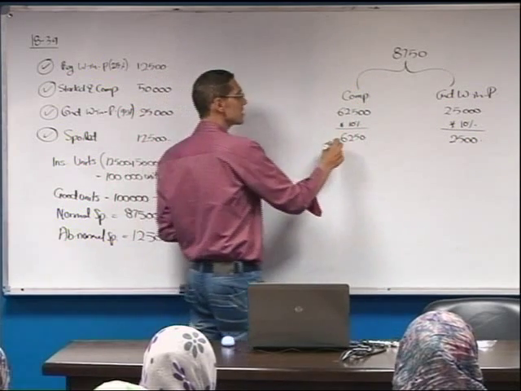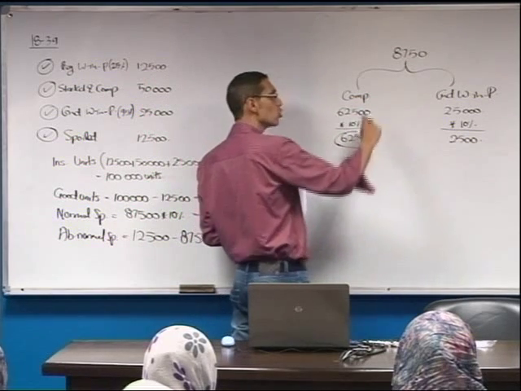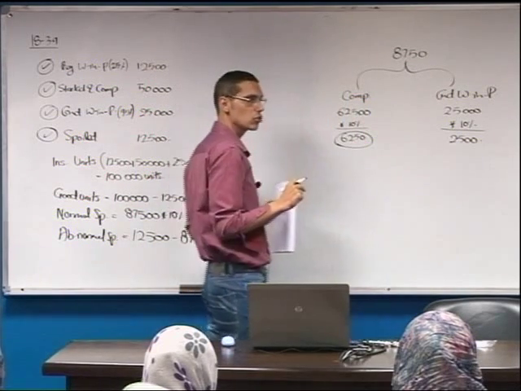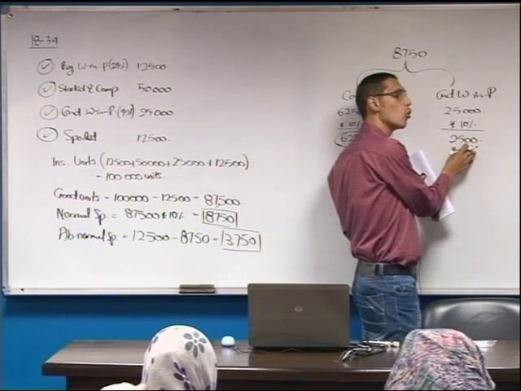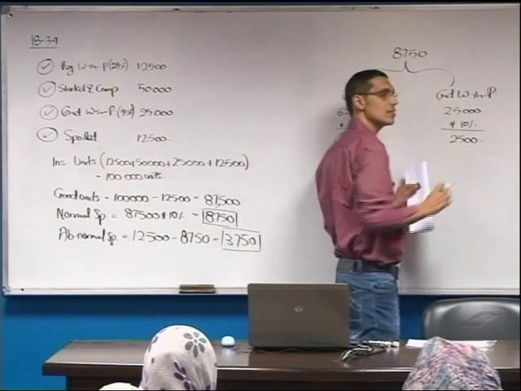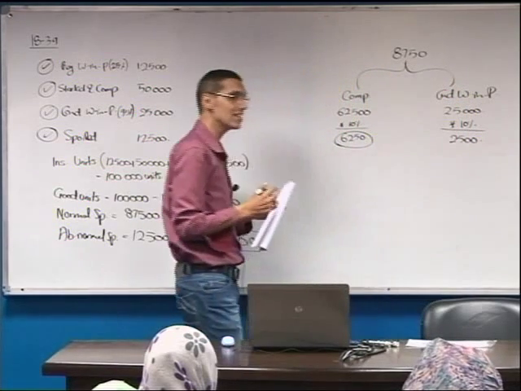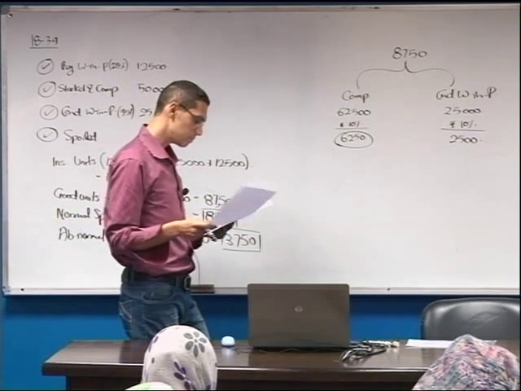Therefore, the cost of 6,250 units will be an addition to the cost of the 62,500 good units, and the cost of the 2,500 normal spoiled units would be an addition to the cost of the 25,000 units as ending work in process. Any questions?